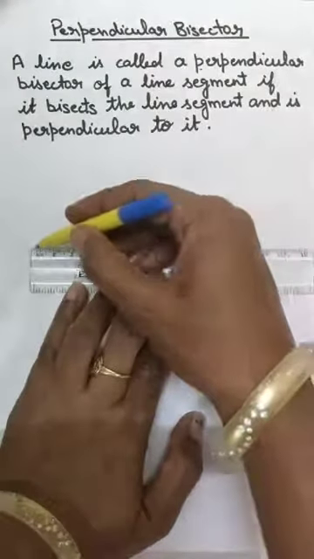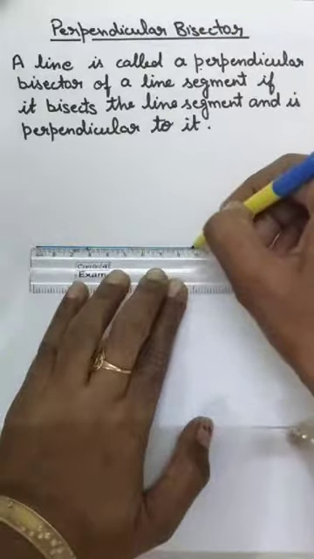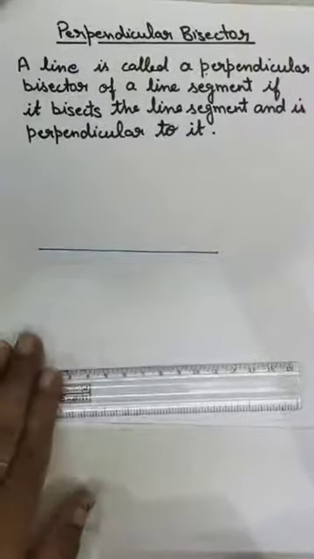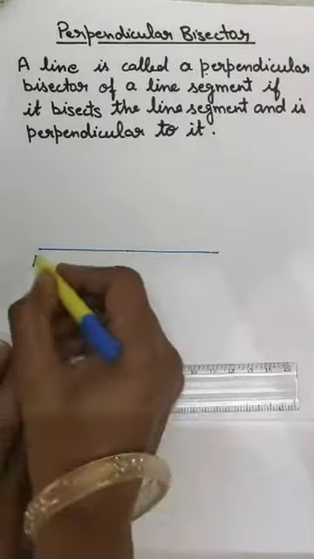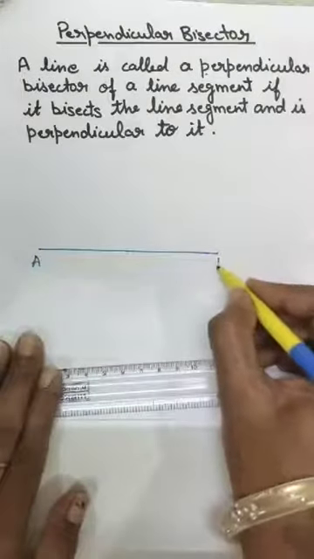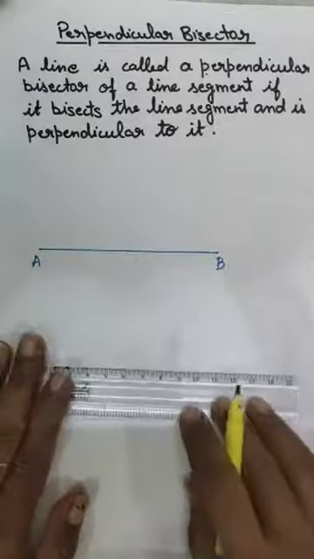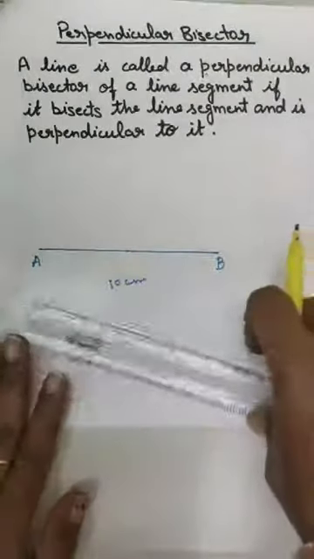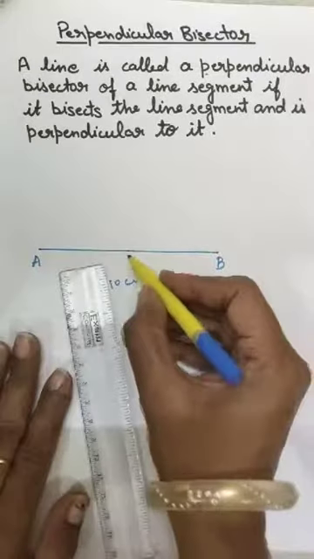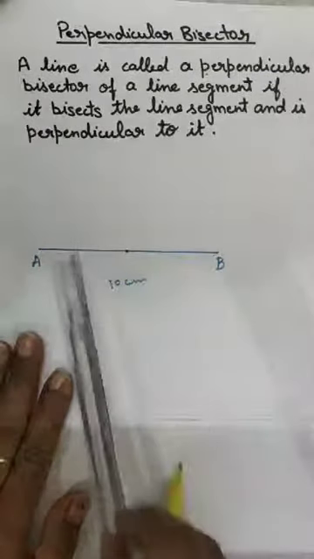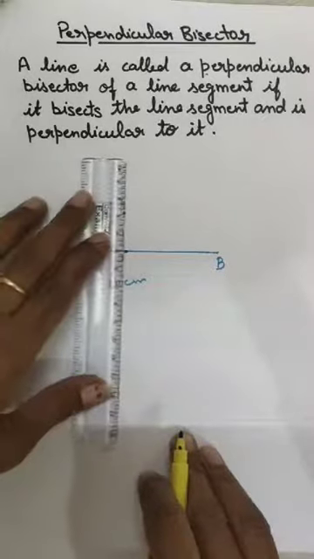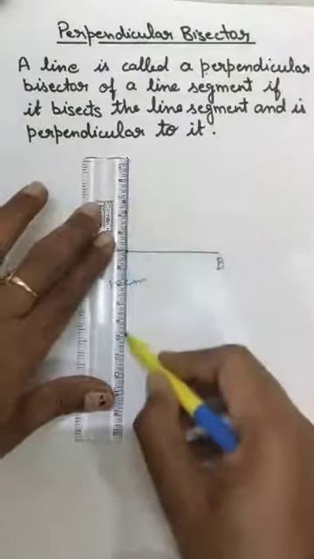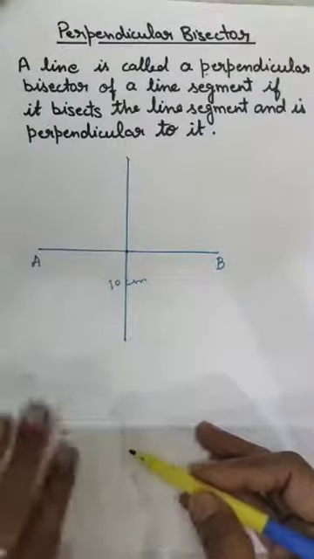See, this is a line segment AB, of 10 centimeter. This is the midpoint of this line segment. Now, on this midpoint I am making one bisector here.